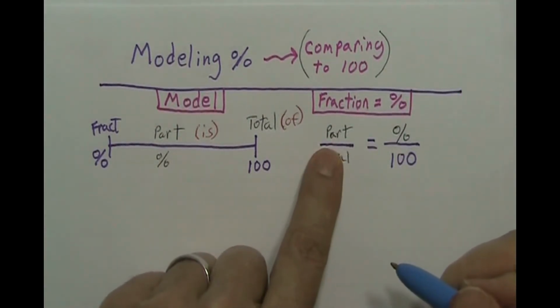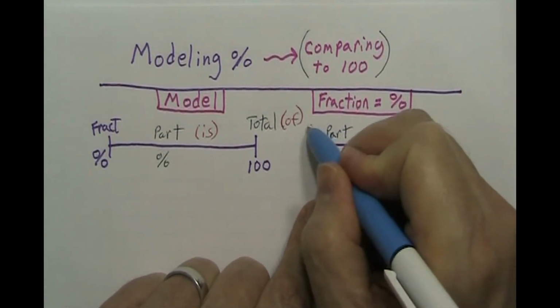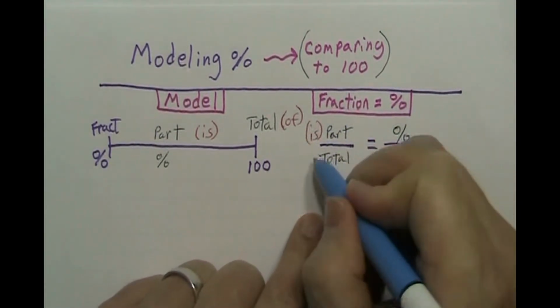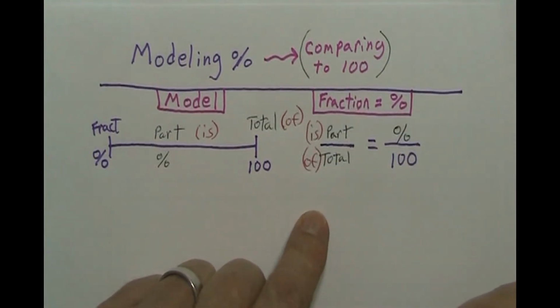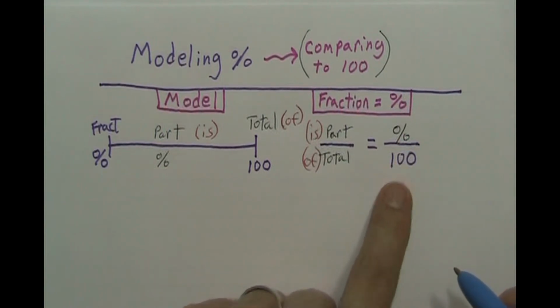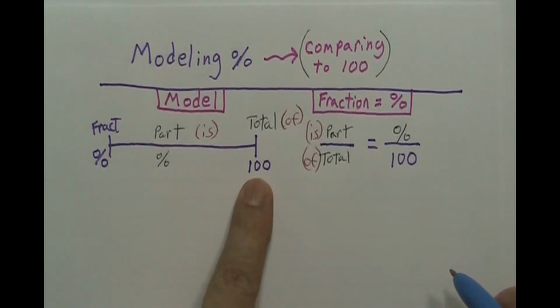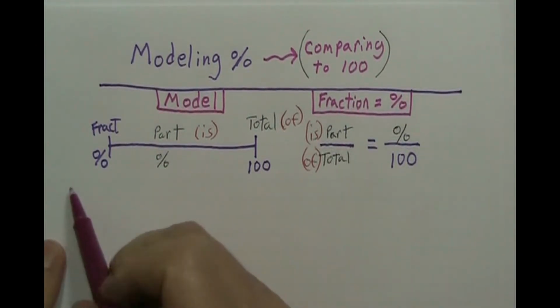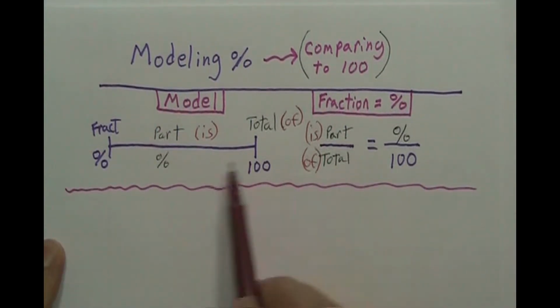When we did proportions, we said this is where the is number goes, and this is where the of number goes. Is, of, percent, 100. So I'm just going to separate this. This is like our example to help us.